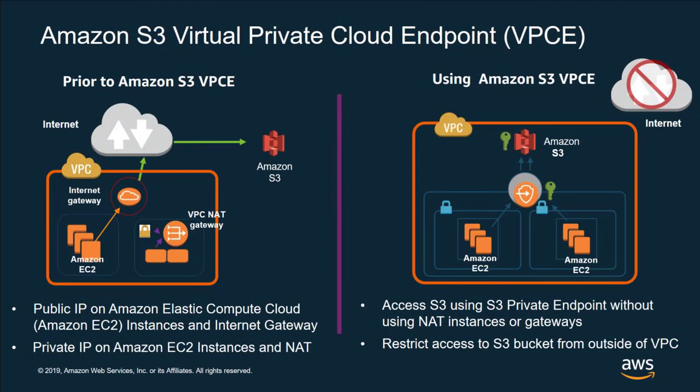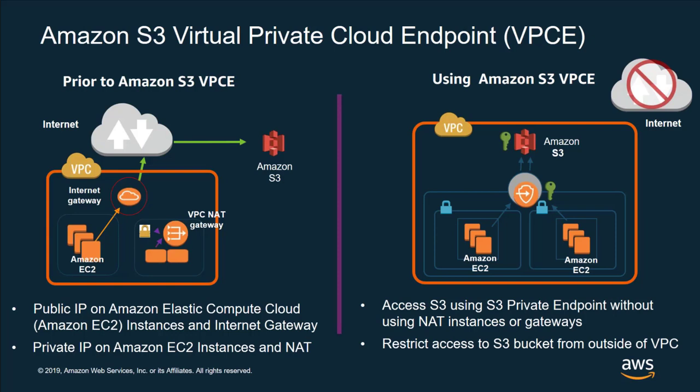So, VPC, Virtual Private Cloud endpoints. We introduced these roughly around the 2015 timeframe, and they are very widely used today. It's probably the most common way to access S3 from your VPC. But before that, customers would have to create an internet gateway.